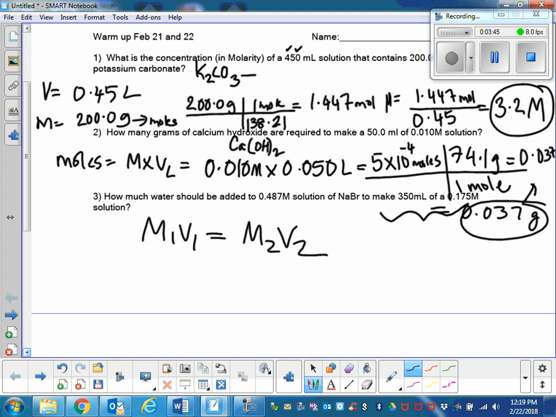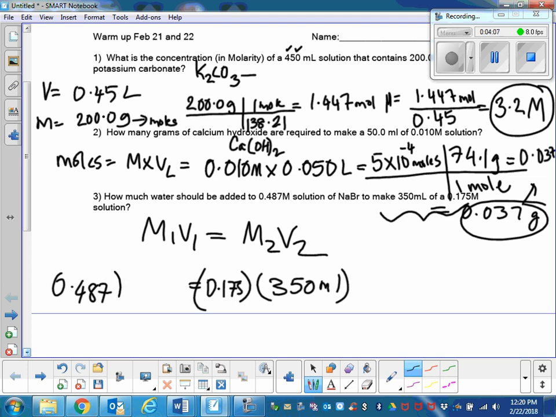So the volume, you're making this 350 milliliters of a 0.175 molar solution. So the two of them should always go together. Yes, I can keep my volume in milliliters on both sides, times 0.175. And then I have a 0.487 molar solution.